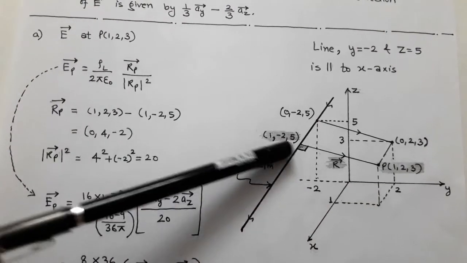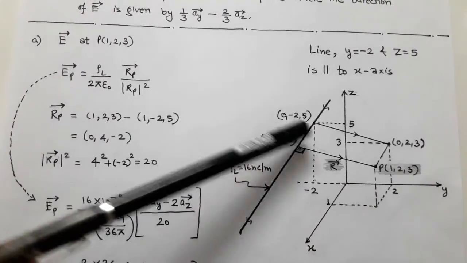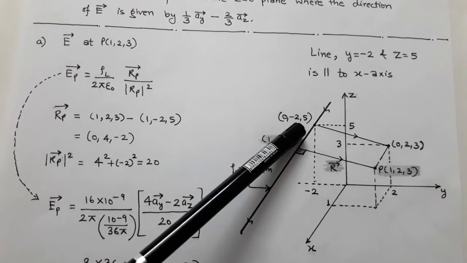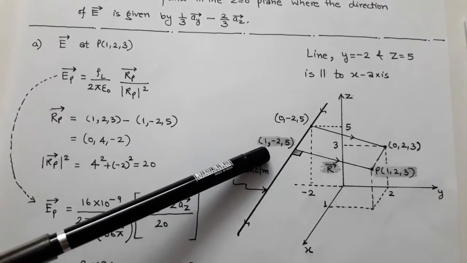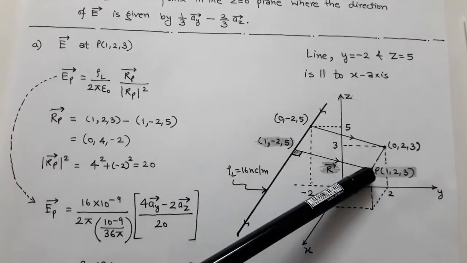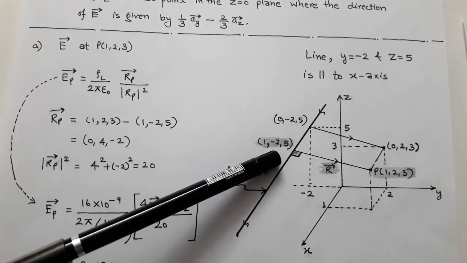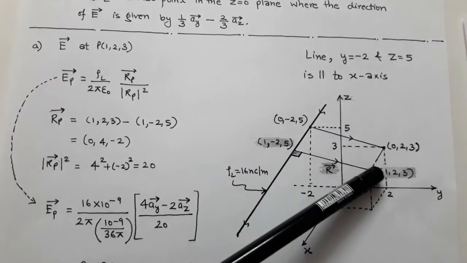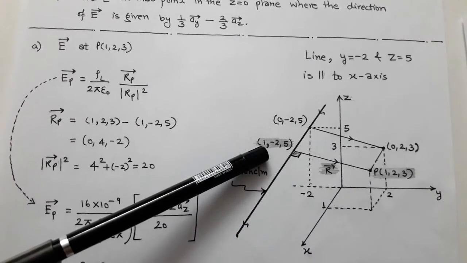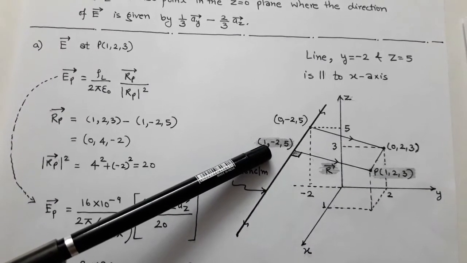At x equals 0 the point is (0, -2, 5), and to draw a perpendicular from point P onto the line, we require the x coordinate to be constant because this line is parallel to the x-axis.